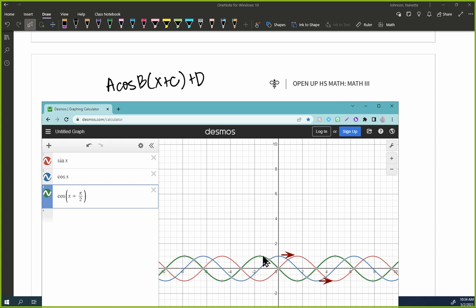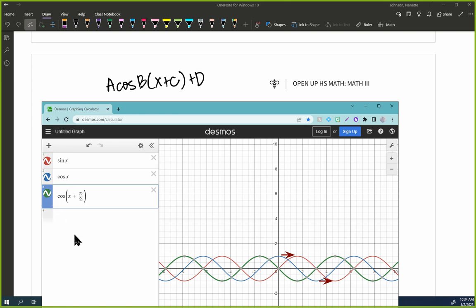Look, he moved back pi over 2. I wanted him to move forward pi over 2, to the right. What was my mistake? So what should I do? How do I fix this?